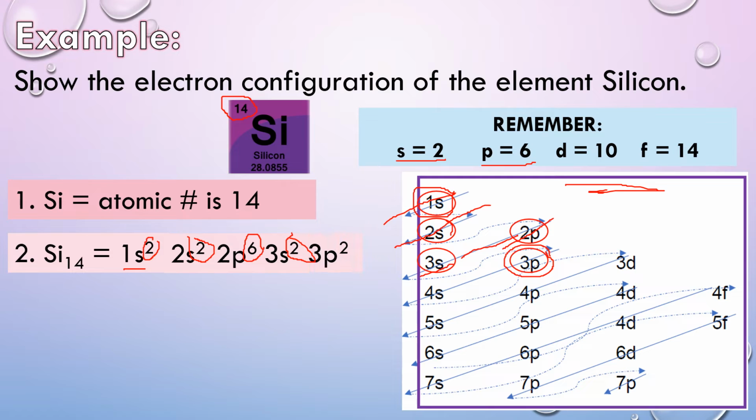So, we will write 3p, 2. Bakit 2? Kasi, if i-add natin, kailangan mag-equal na siya sa 14. If this is 6, ang equal na niya is 2 plus 2, 4, plus 6, 10, plus 2, 12. So, ilan na lang ba yung kulang para maging 14? So, only 2.